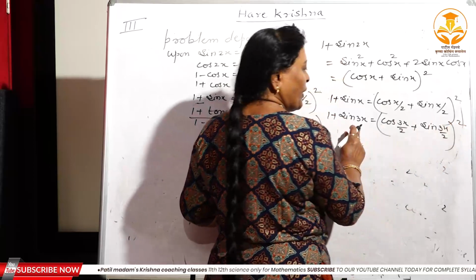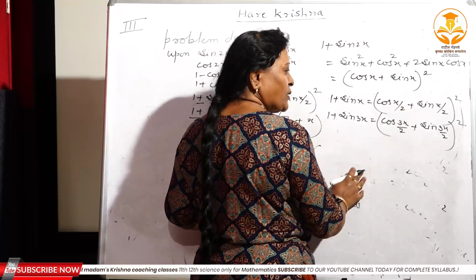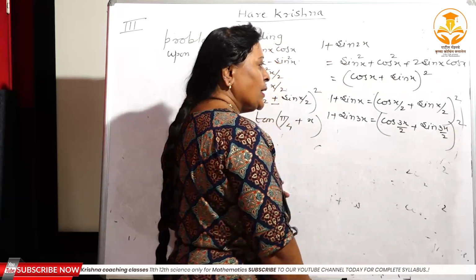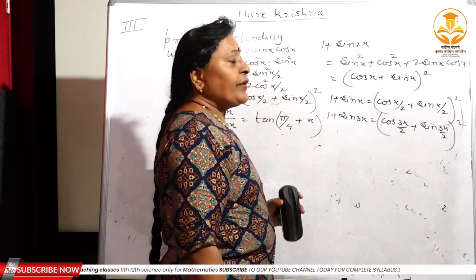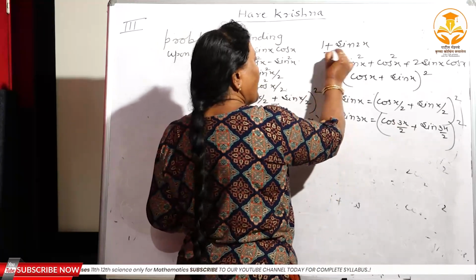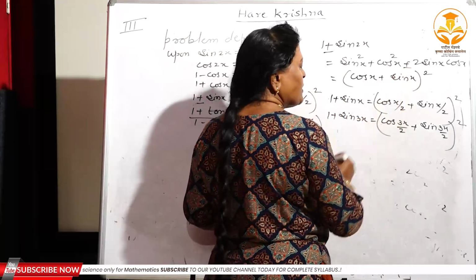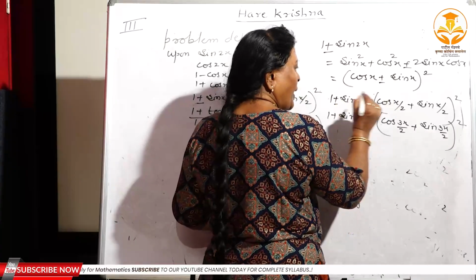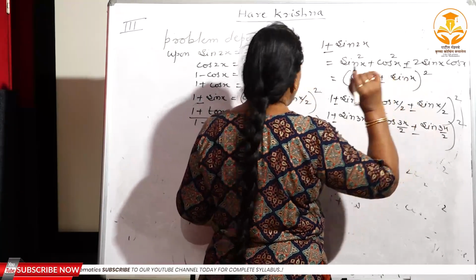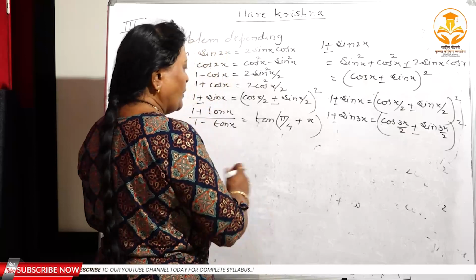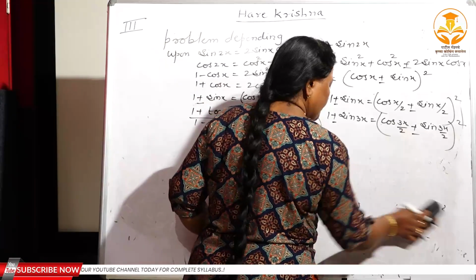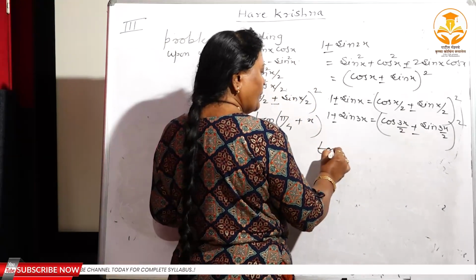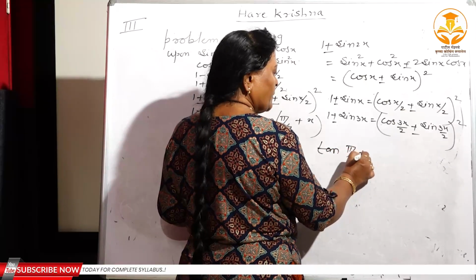If 4x, there is 2x. If 5x, 5x by 2. If 6x, 3x. In this way, you can bifurcate this formula. And if there is a minus sign here, there is a minus sign here also.